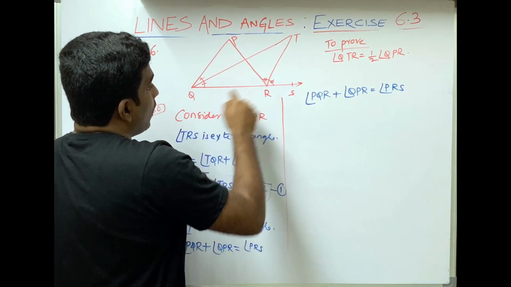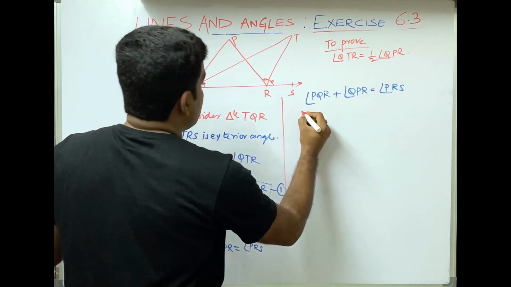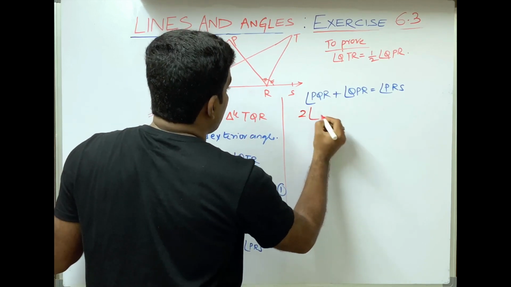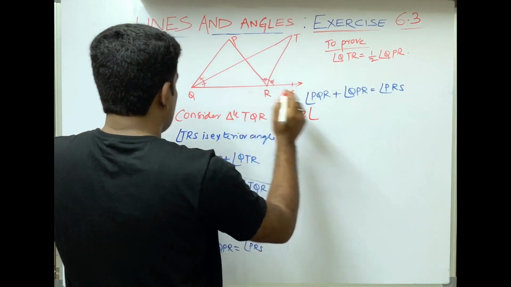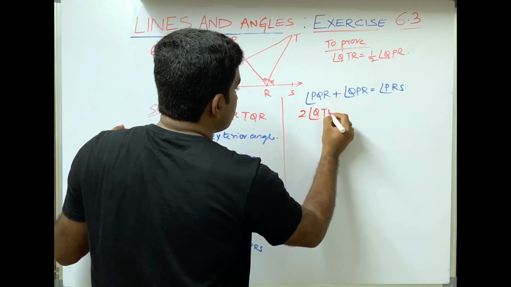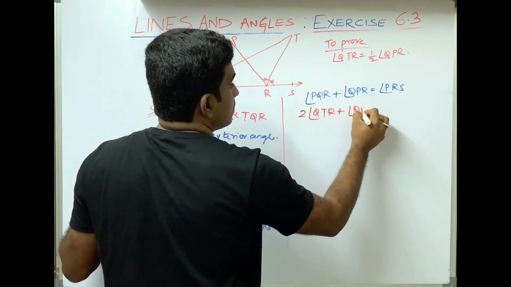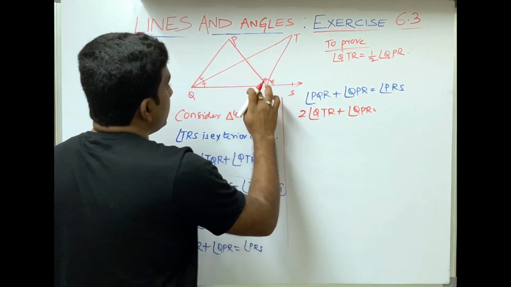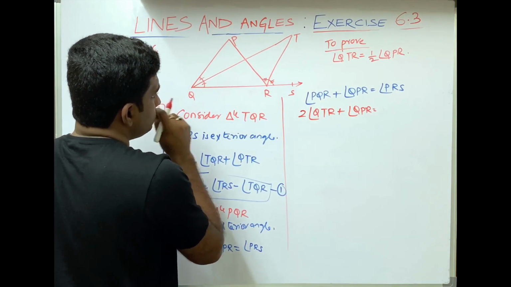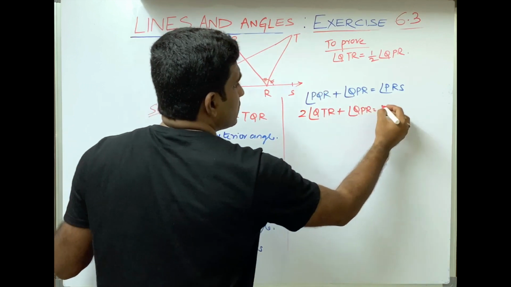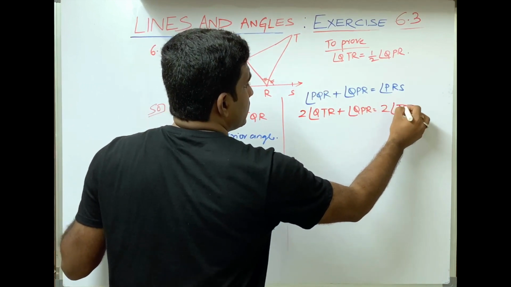See, angle PQR can be written as 2 angle TQR, plus angle QPR, and angle PRS can be written as 2 angle TRS.